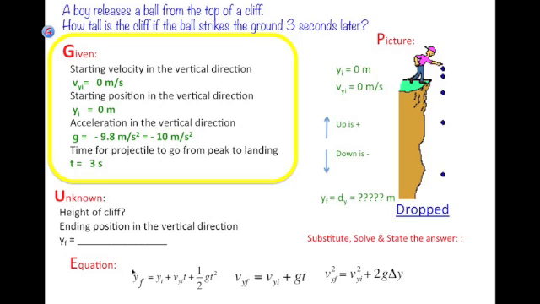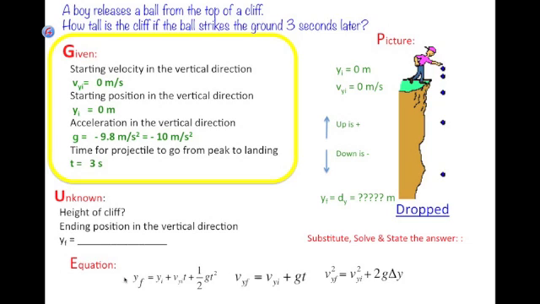Our next task now is to find the equation that we need to use. We're looking for the final position in the y direction, so we want to make sure that whatever equation we choose includes that variable. It appears that this is the only one that does. This other one will give us a change in the y direction, which could work, but we're not going to bother with that.